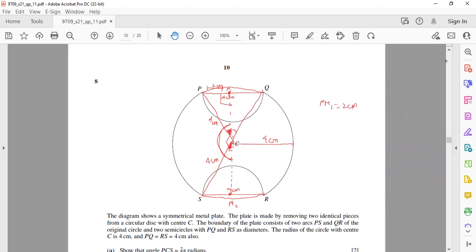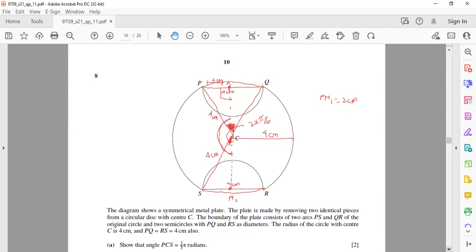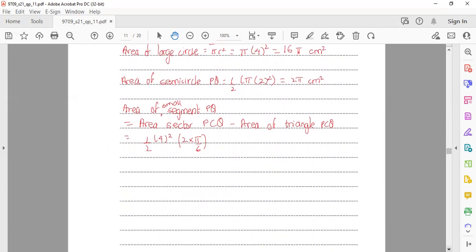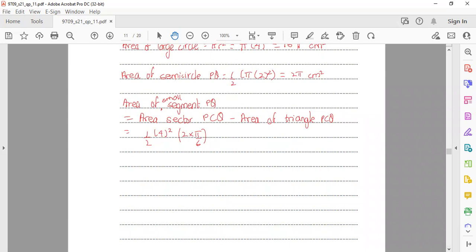Twice this angle, so 2 times pi by 6. Half r squared, which is 4, right? Okay, minus the area of the triangle. So the triangle has sides of length 4 centimeters each.